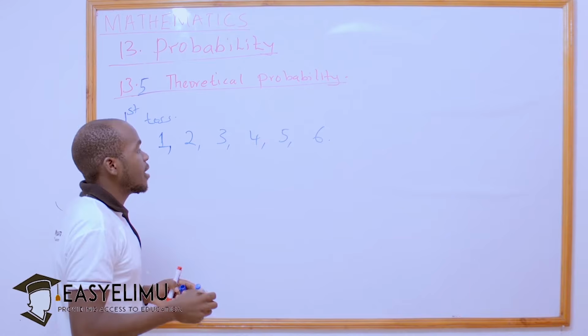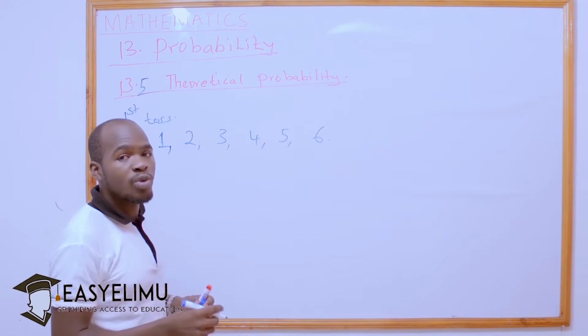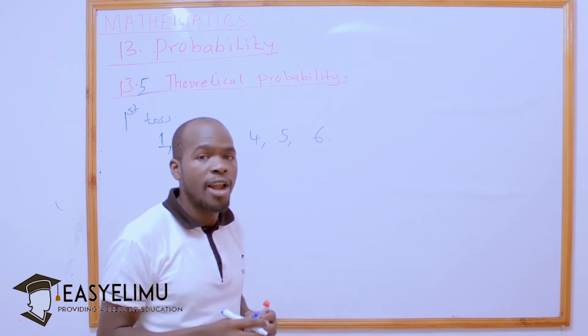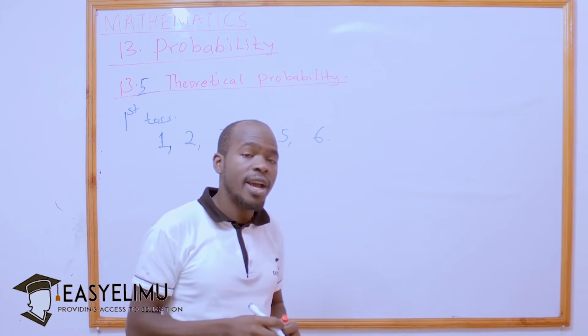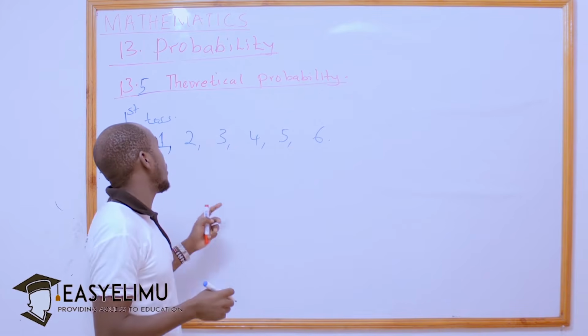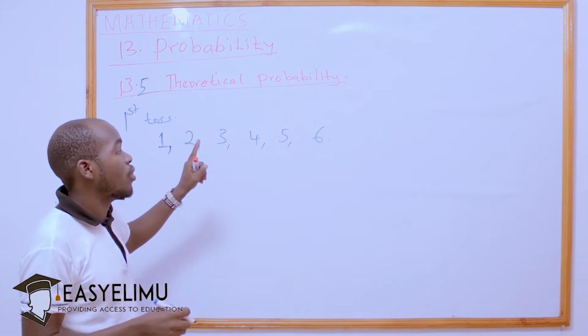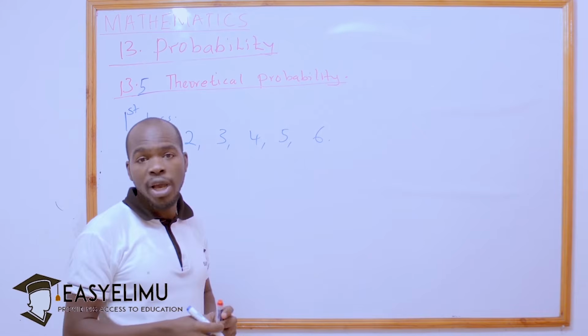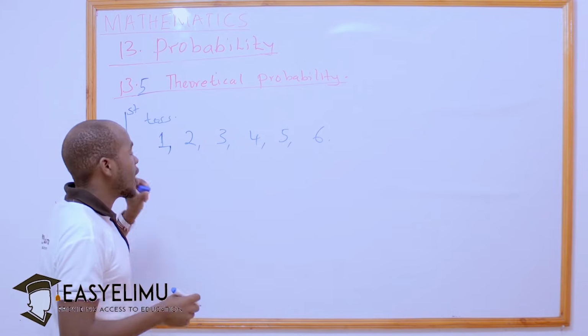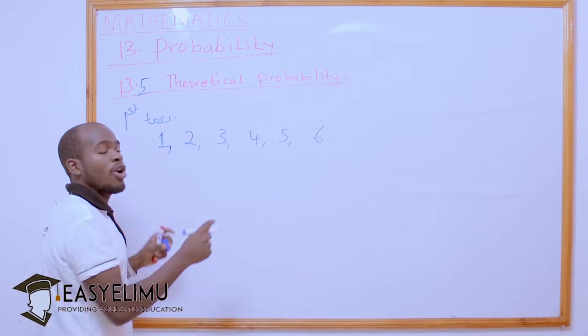These are the numbers indicated on each face, and if you toss that die, it is capable of giving either 1 or 2 or even 6 showing up. So if you toss once, this is what will occur.